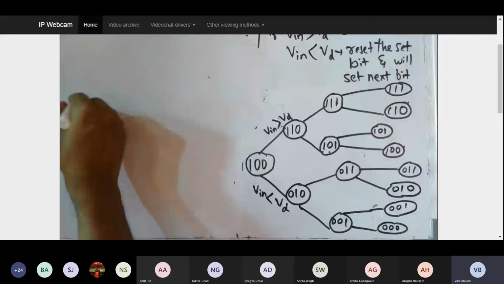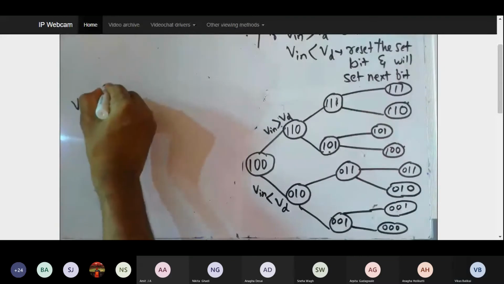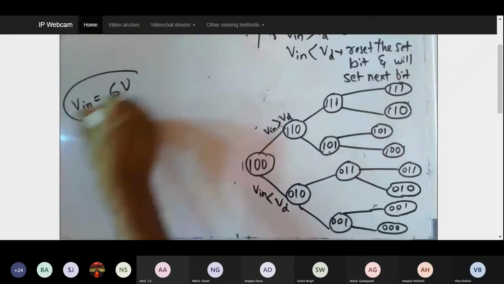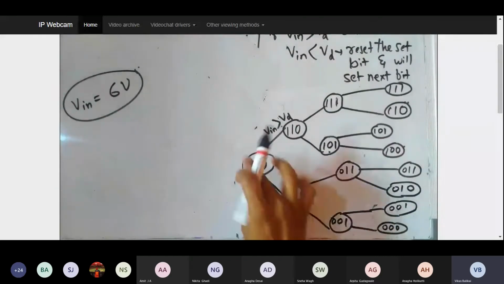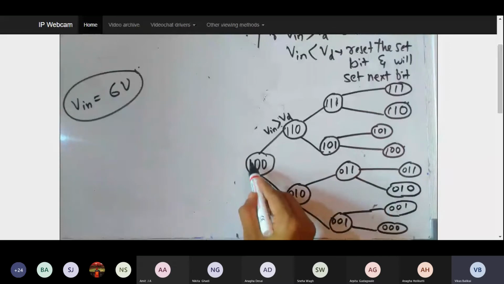Just simply, if the input is, let's say, 6 volt, which is my analog value, for the analog value equivalent of 6 volt, I need to get its digital value. So let's do it over here. How am I going to get it? Initially, the first MSB bit of the SAR will be set, so it will be 100.